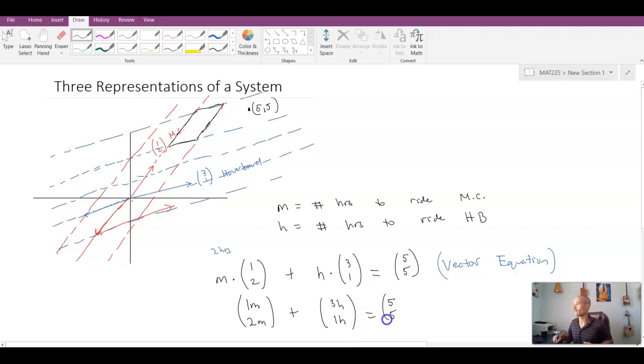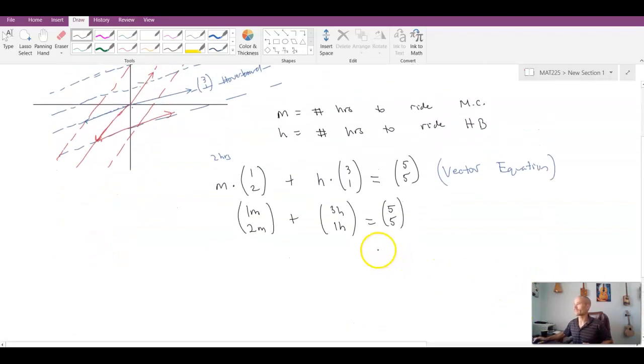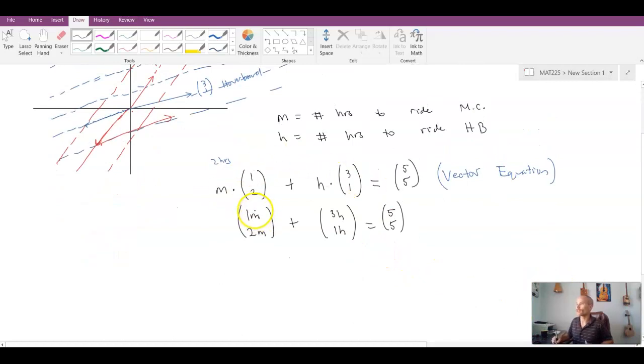equals 5, 5. From what we know so far, that can be represented as a system of equations. 1m plus 3h has to equal 5. And then the second equation says that 2m plus 1h equals 5. And by the way, this is a system of linear equations right here.